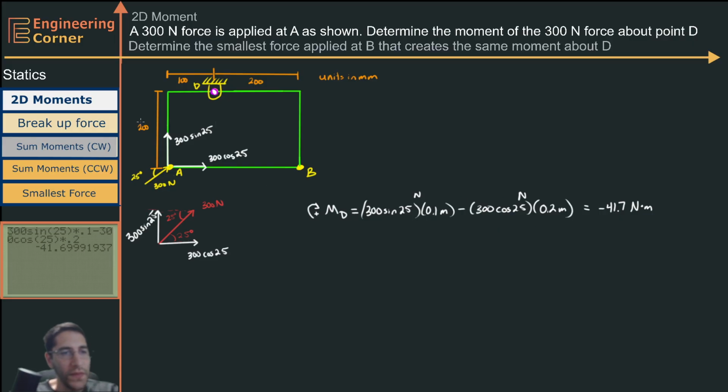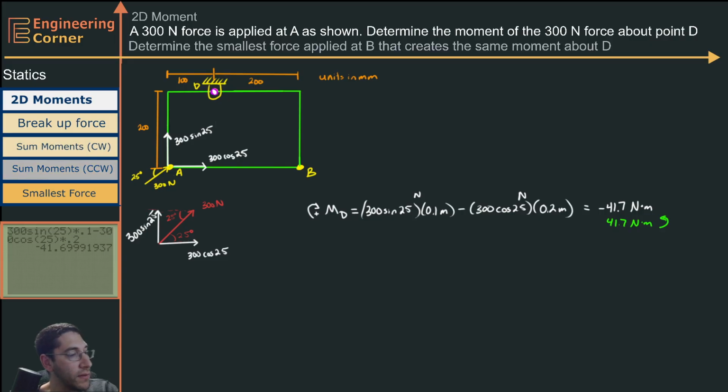What this means is our assumption that clockwise was positive was incorrect. So the positive direction is really this counterclockwise direction. We can say this is really 41.7 Newton meters in this counterclockwise direction.